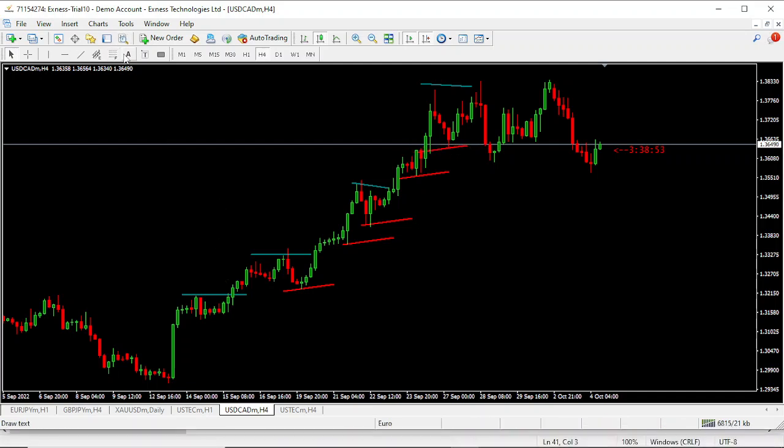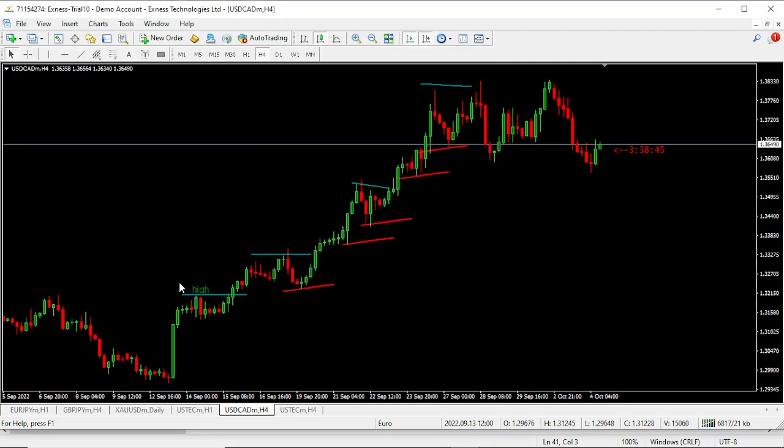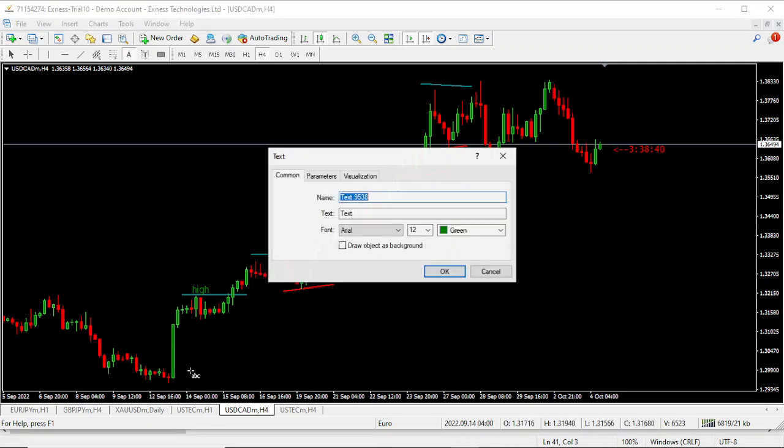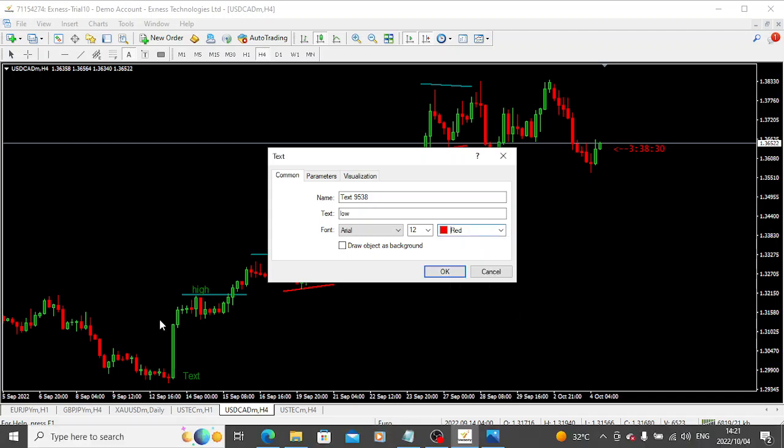Then I want you to have a look at how market structure is. We have our high over here, and then let's say over here we have our first low.